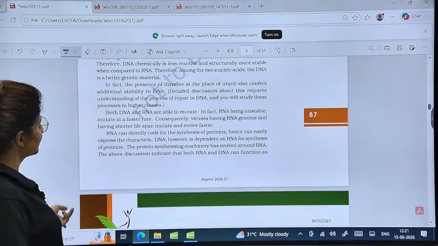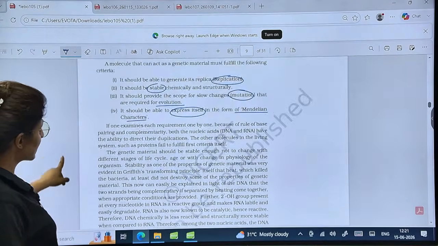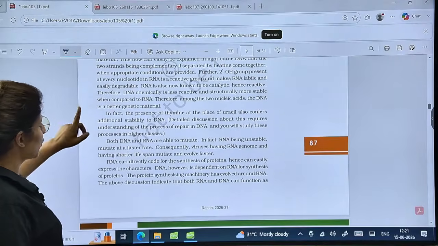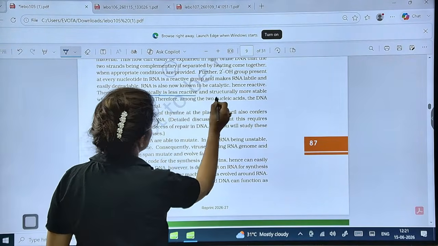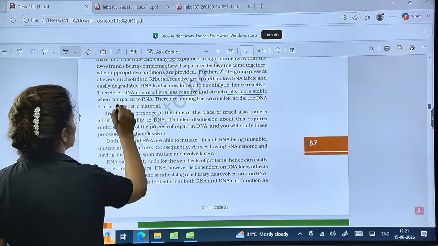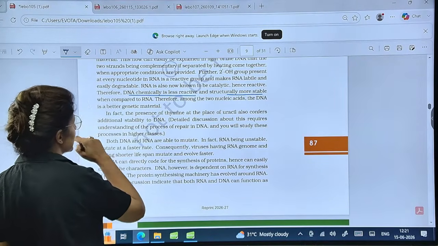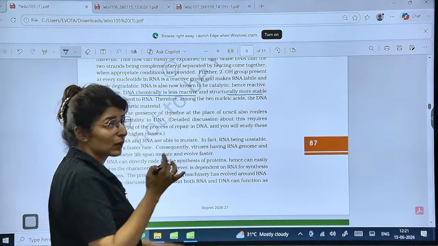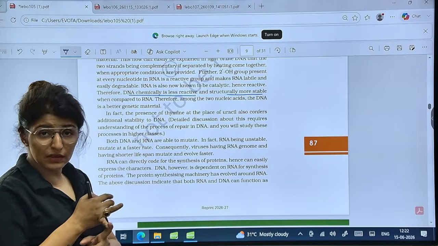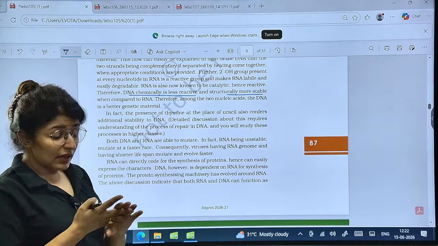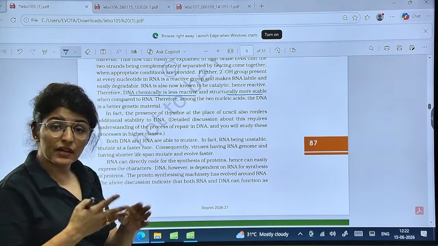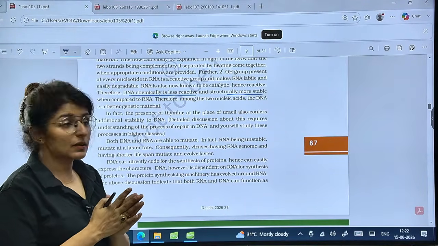Now, what is the reason behind DNA being more stable? DNA is chemically less reactive and more stable as compared to RNA, for different reasons. Number 1, thymine is more stable. Second, deoxyribose is more stable, and third, DNA is generally double-stranded, so the double-stranded nature also provides more stability.